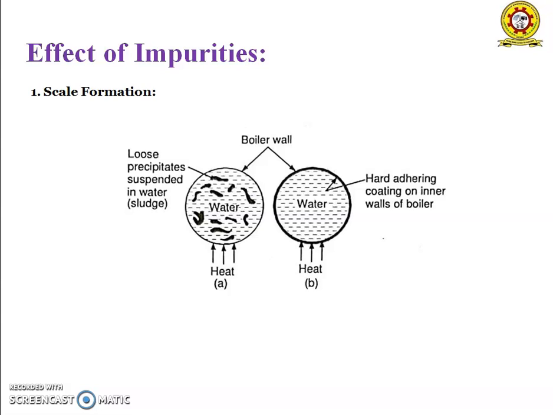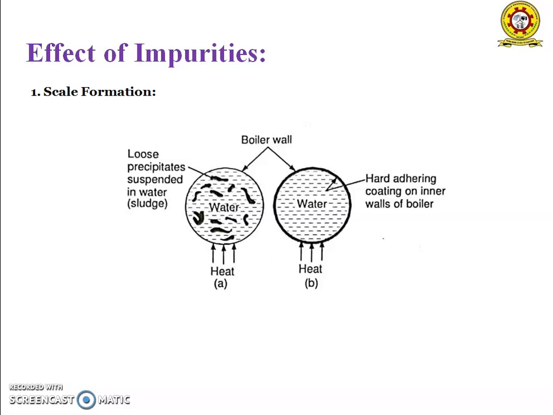This will reduce the heat transfer and cause overheating of tubes, which may result in blistering and rupturing. Scale formation in the feed water pipe chokes the flow, which requires higher pressure to maintain the water flow. Scale is mainly due to the salts of calcium and magnesium.